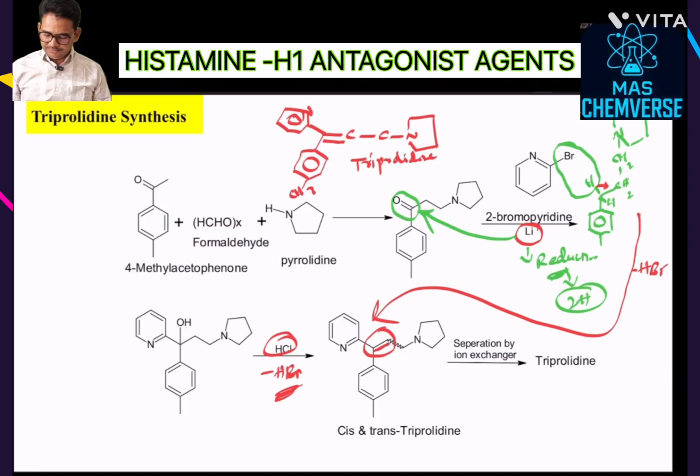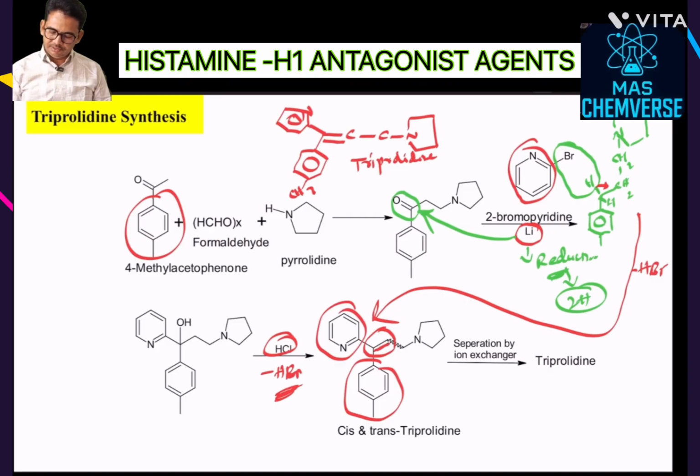Then remaining thing will be the same. This is this compound, and this compound is the pyridine, came from this pyridine. Due to this reason it is forming the double bond here, and this is the pyrrolidine, and this is the pyrrolidine.